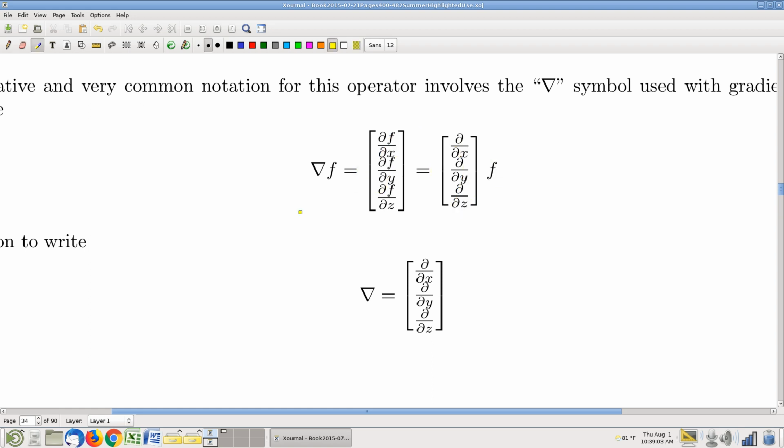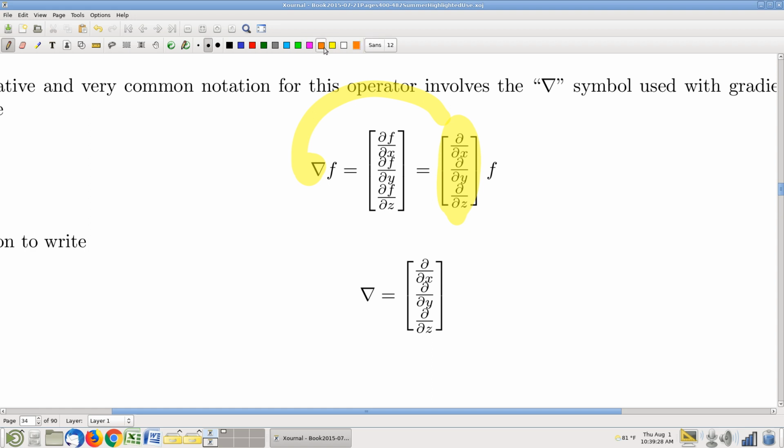Okay. So I'm going to think of this thing as a formula for what that symbol by itself is. Now, you've got to be careful with the terminology here. You cannot say that that is the gradient. That's not gradient. That's the gradient of f. I'm talking about just the operator by itself. So this gets called the del operator.